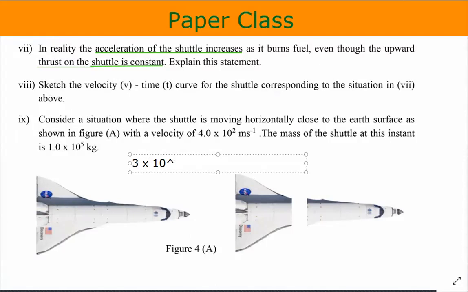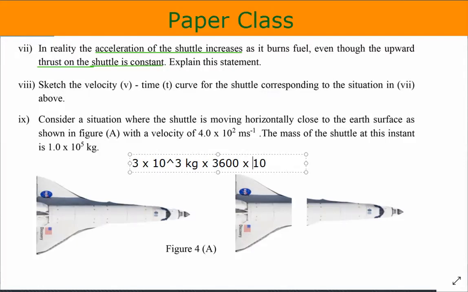Am I right, dear? This much fuel is burned per second. So 3 into 10 to the power 3 kilogram means 3000 kilogram of fuel is burned per second. Therefore, this should be multiplied by 3600. If the rocket travels for a period of 10 hours, this much fuel is burned.